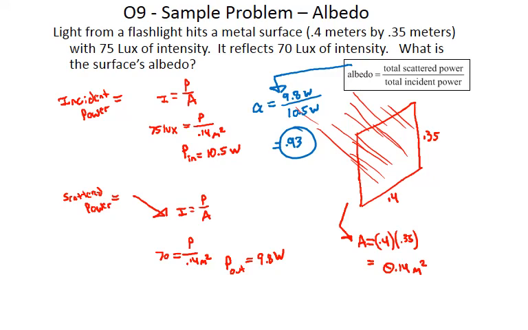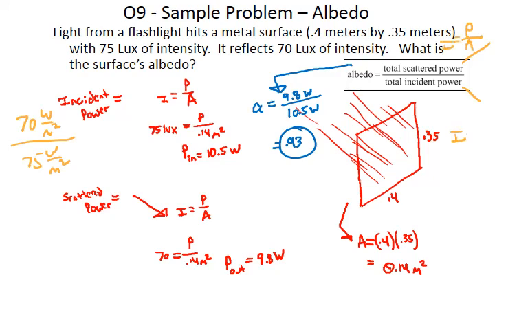Now, what you may have done is just put 70 lux, 70 watts per meter squared, over 75 watts per meter squared. Now, scattered power over incident power, remember what power is, right? Power divided by area is intensity.